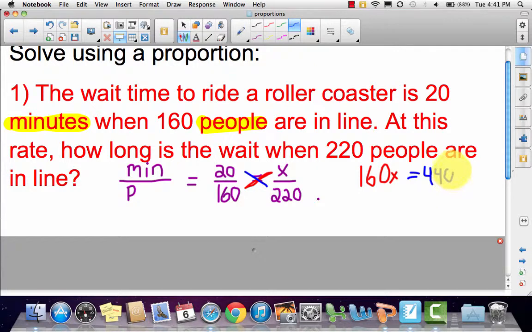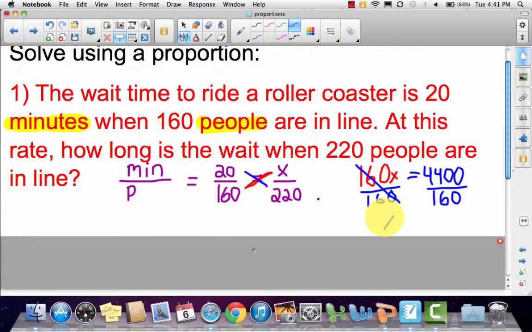And we now have our one-step algebraic equation. Again, my goal is to get x by itself. In order to do that, I'm going to divide both sides of the equation by 160. The 160 will cancel on the left, and we find out that it takes 27.5 minutes to get on the ride if there are 220 people waiting.